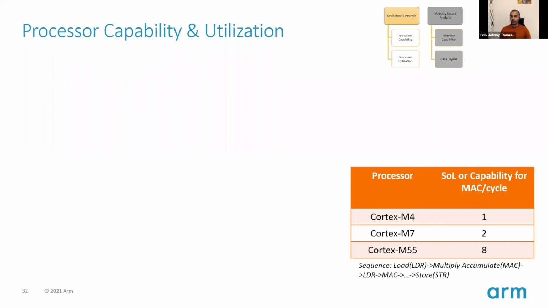We use a term called speed of light, or processor capability, which is basically the processor's capability to execute a certain instruction. In this case, a Cortex-M4 can perform a multiply accumulate operation in 1 cycle, whereas a Cortex-M7 can do 2 at a time in 1 cycle. And the latest Cortex-M55 can perform 8 multiply accumulate operations in 1 cycle.